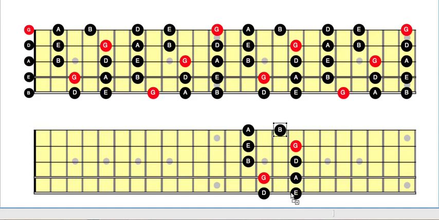The formula for the D Ritusen mode is 1 2 4 5 6 1, and the intervallic formula is a tone, 1.5 tones, tone, tone, 1.5 tones.